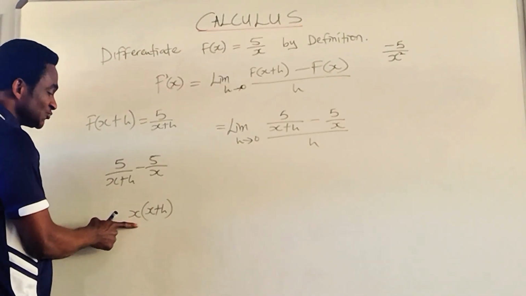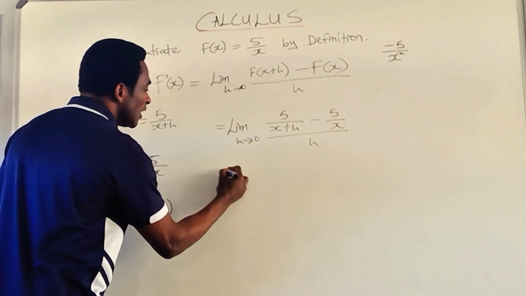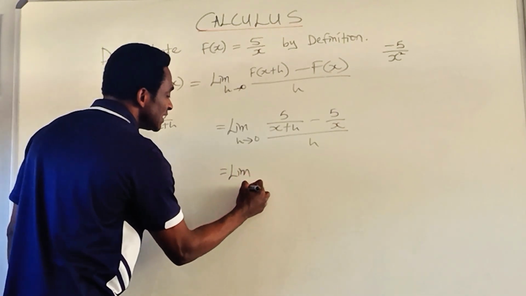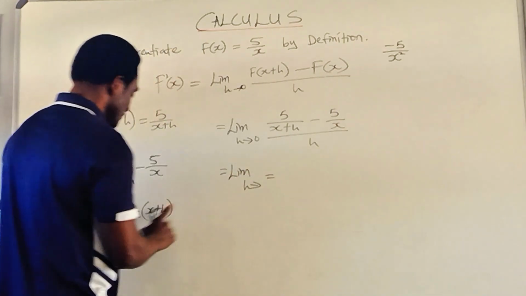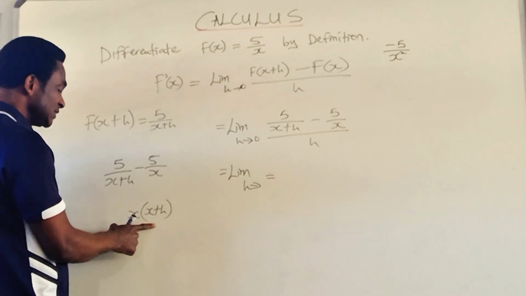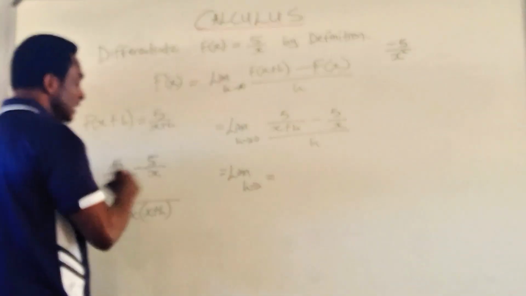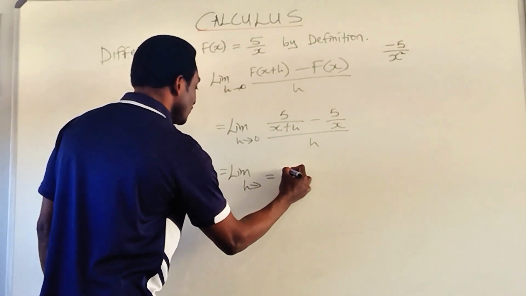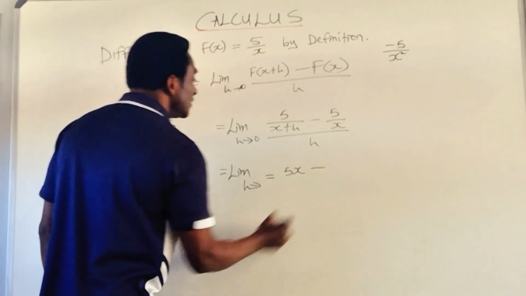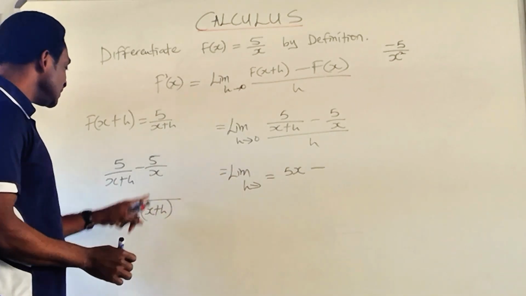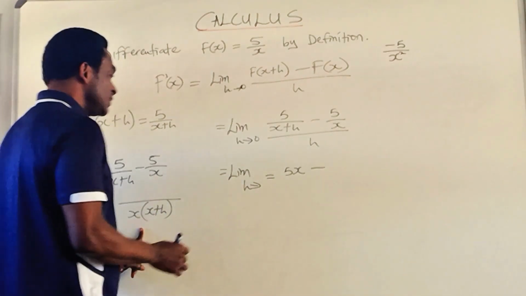So if we go on, the limit of this function as h tends to 0 will be, we have this into the LCD, we have x, and then this will give us 5x minus x into this will give us x plus h.